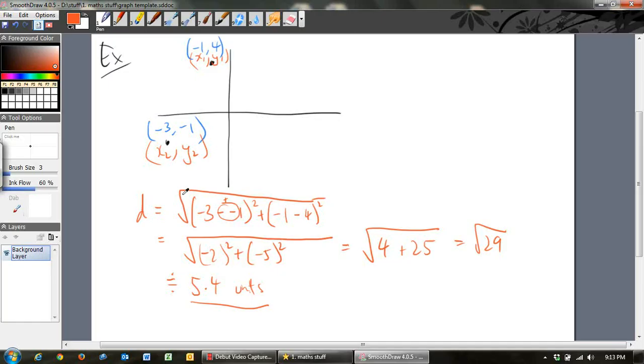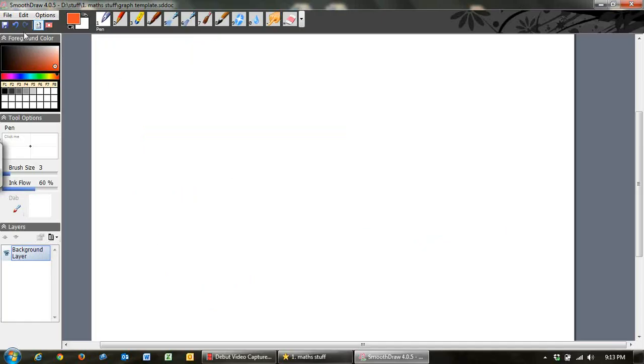Cool, so that's that. Next part that I just need to show you, the next little funny thing, and it's pretty much the last thing in linear graphs, is the midpoint of 2 points.